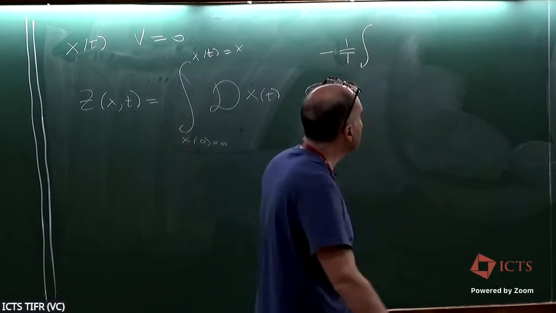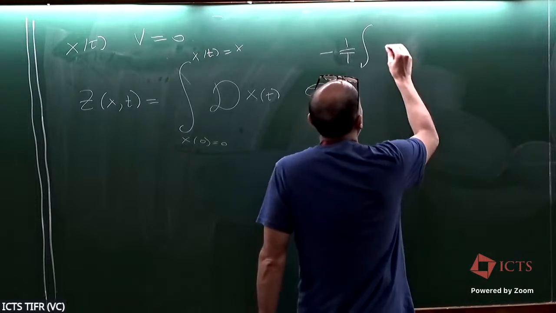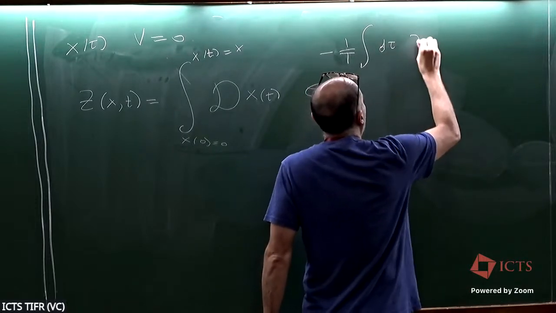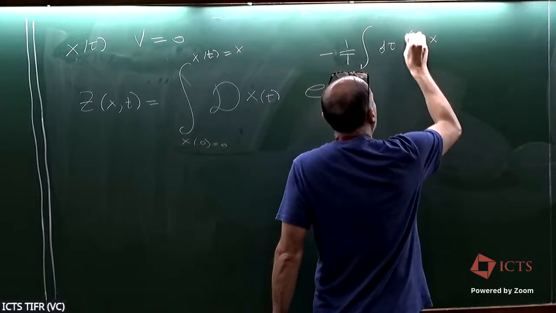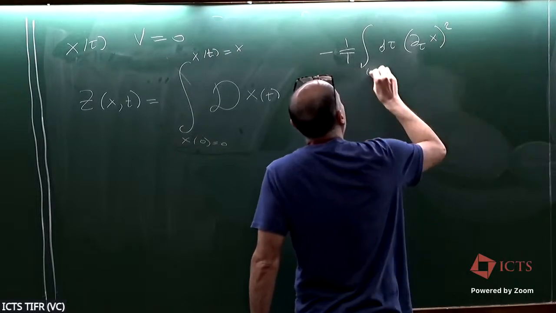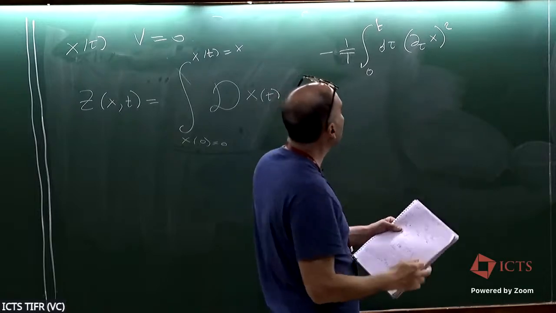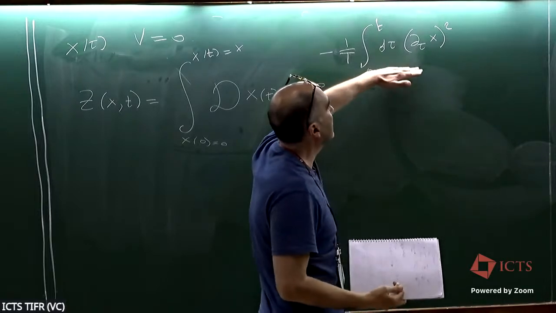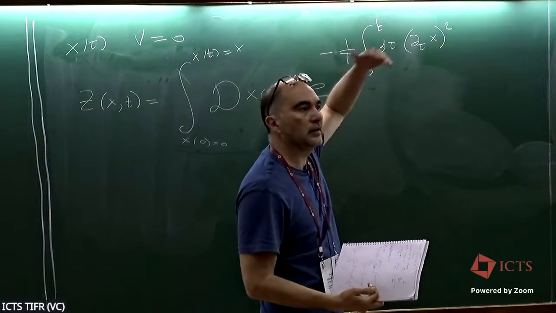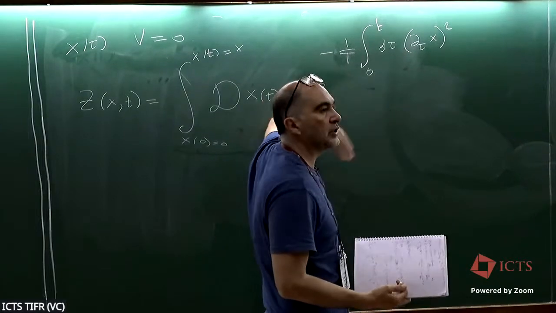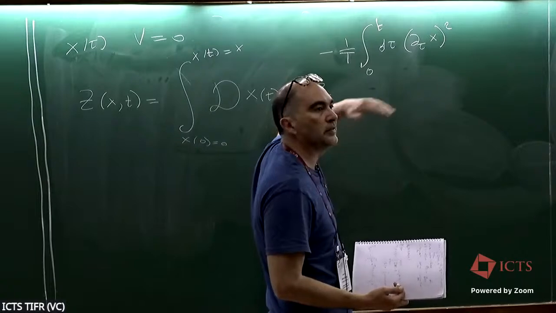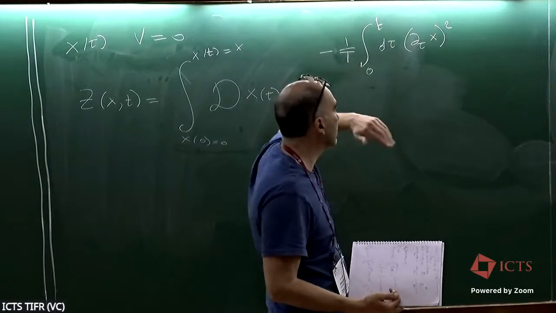This I will not show, but it is essentially this one. So you take a trajectory, and this is actually the stationary solution of the Fokker-Planck equation for simple diffusion.